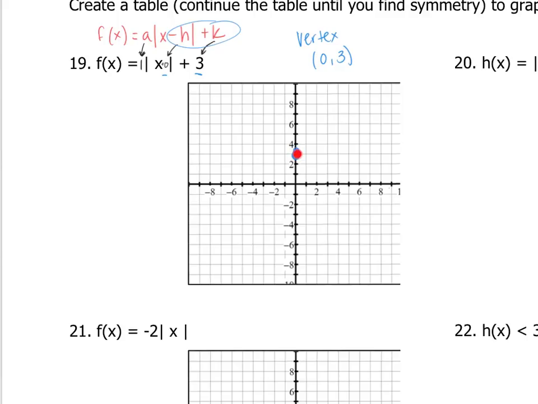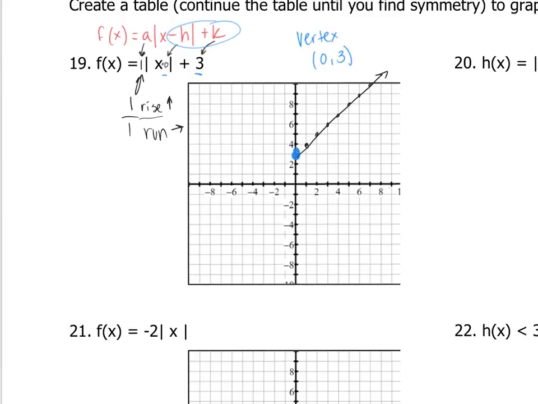Next, from there, I'm going to grow from a slope of up 1 over 1. Again, my slope is like this a. Since it's a 1, if you turn that into a fraction, it's 1 over 1. So I have rise over run. I need to go up 1 and then positive or right 1. So if I did that, I would be growing in this sort of fashion, and you can start to see half of your absolute value graph growing.